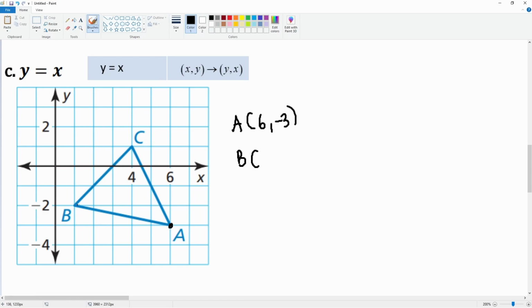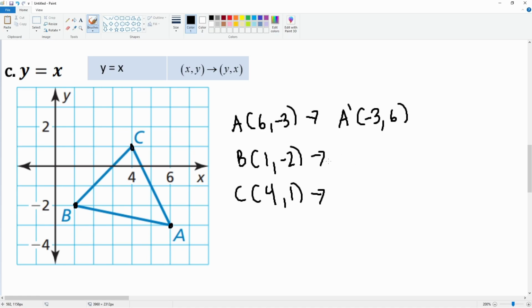B is the value here, (1, -2), and C here, which is (4, 1). They all undergo a reflection across y = x. We flip-flop the values, so A prime, the -3 goes in front, comma 6. B prime, the -2 is first, then the 1. Then C prime, the 1 is first, then the 4.